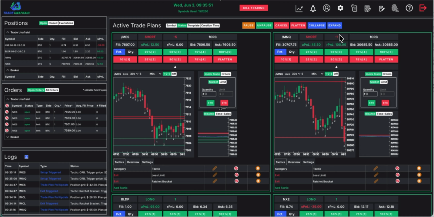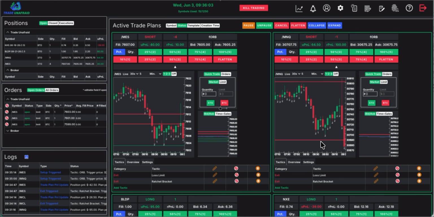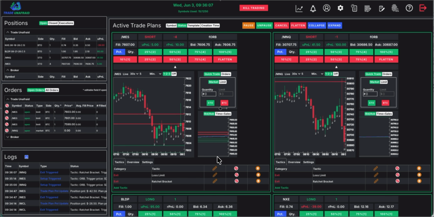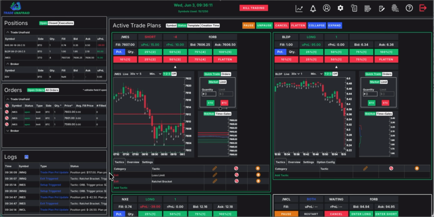So it's got this 1 trailer left. It's locked in 100, and it's trailing. And the stop just incremented down. And at the same time, MES is hitting its first target. Okay, so it just stopped out. So MNQ stopped out at 117.